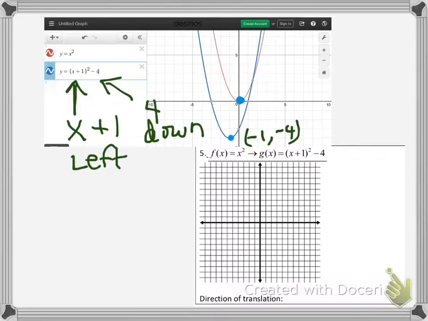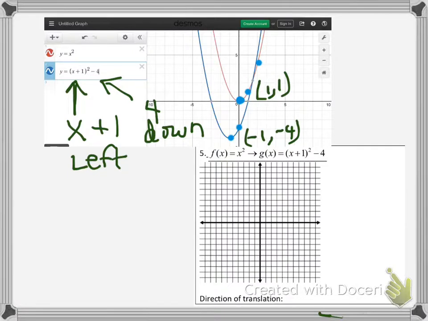And the point at, let's just look at 1, 1 and 2, 4 on the original points. So 1, 1 goes 1 to the left and 4 down. So it is now right here. There we go.